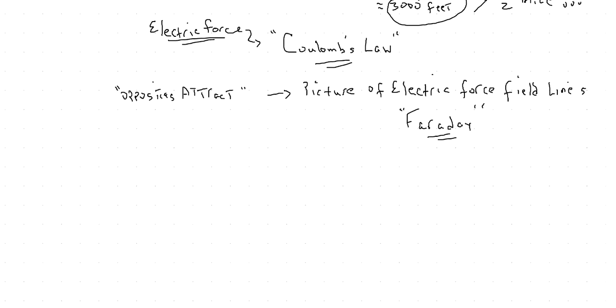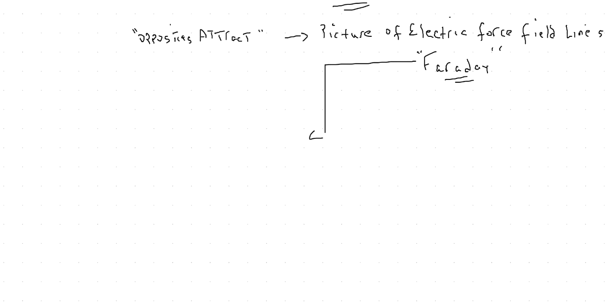So Faraday imagined something like this. Sorry, my pen acts up every once in a while. He imagined that if you take a plus charge, there's my plus charge, there's going to be an electric field coming out. Now, I can't draw an infinite number of lines, so I'm just going to draw a couple of lines.